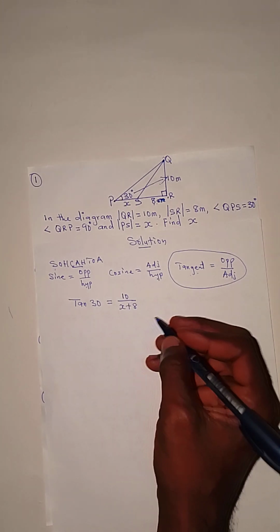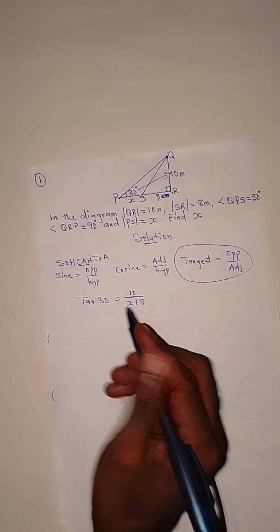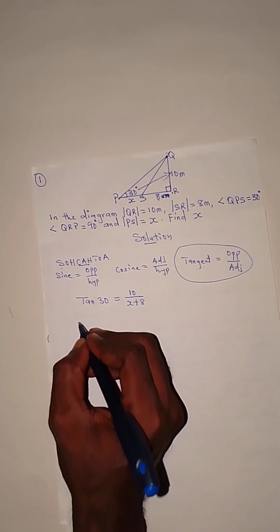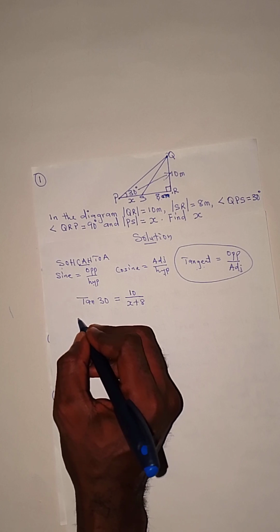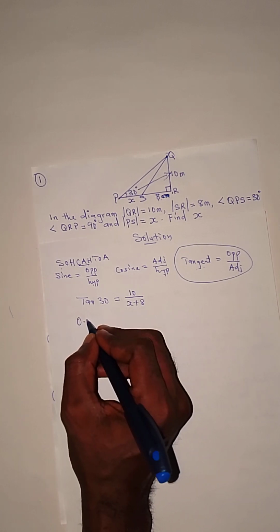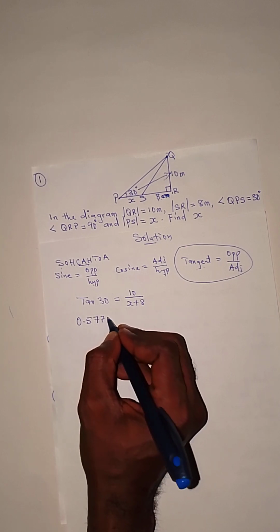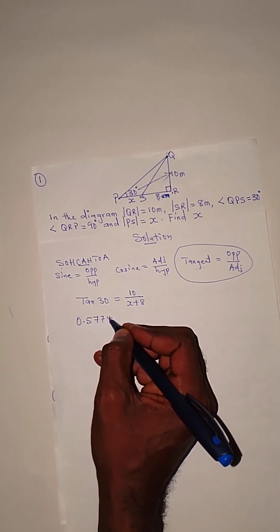Okay. So now at this point, we can find the value of tan 30. Now tan 30 will give you 0.5774. That's the value of tan 30.